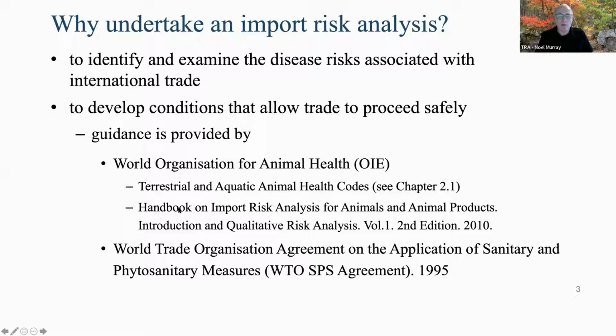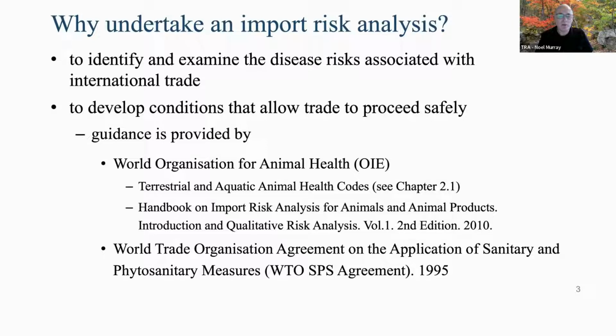There's also an important resource, the Handbook on Import Risk Analysis for Animals and Animal Products. There's a 2-volume set. The first one is relevant to the discussion we're going to have today, and it's looking at an introduction and a qualitative risk analysis. This was the 2nd edition, released in 2010. This was initially published by the OIE in 2004 and updated in 2010.